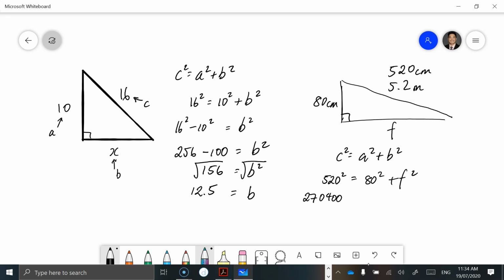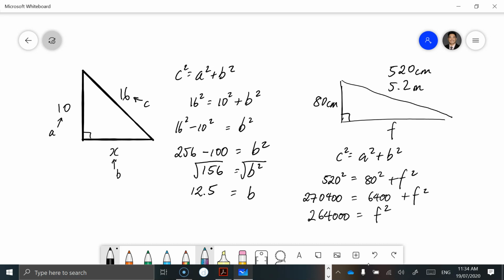So 80 squared is 6400. And we've got 270,400 minus the 6,400, which leaves you with 264,000 centimeters squared.